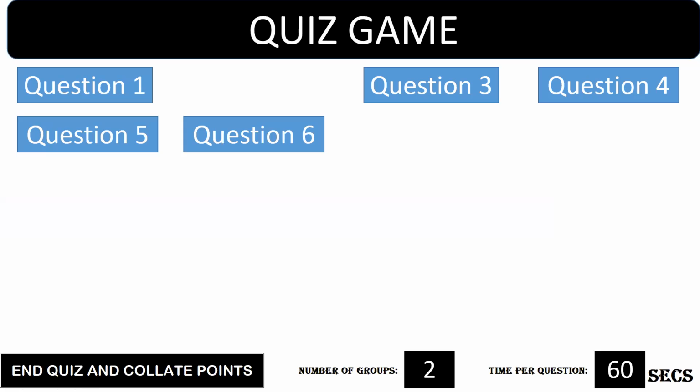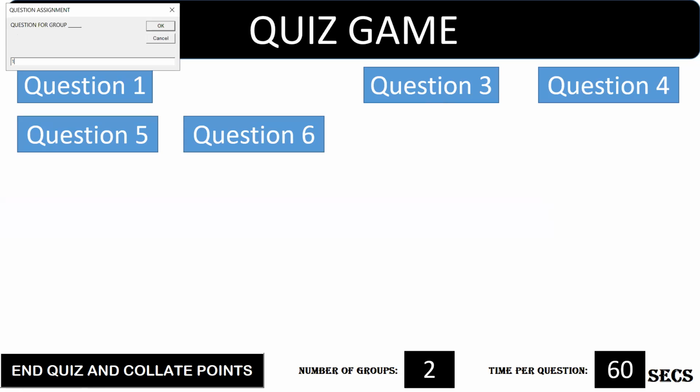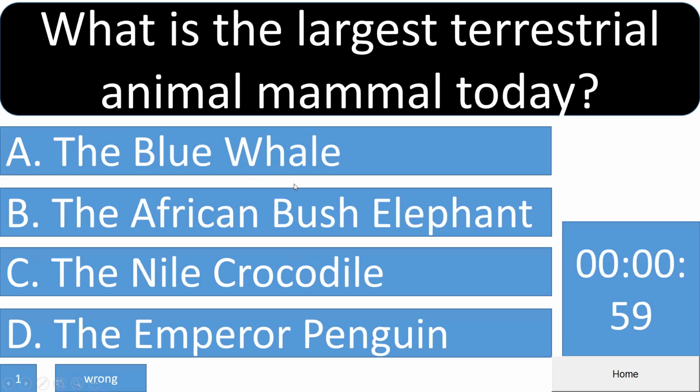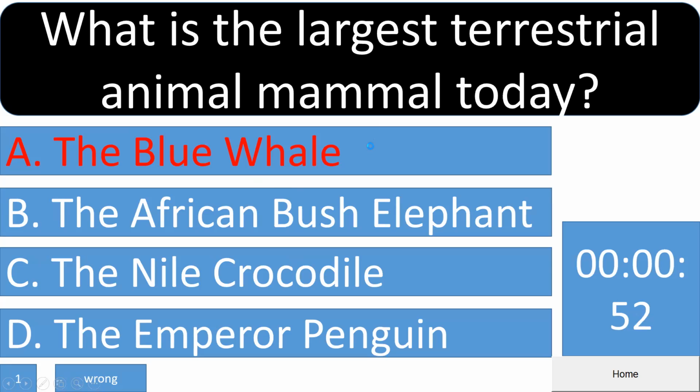Return. So I'll just do that for all the tabs. Question 3 for group 1. Okay, so I think I should intentionally choose a wrong option. The blue whale. You see that it's in red now. That shows that it is incorrect. Group 1 got this wrong.